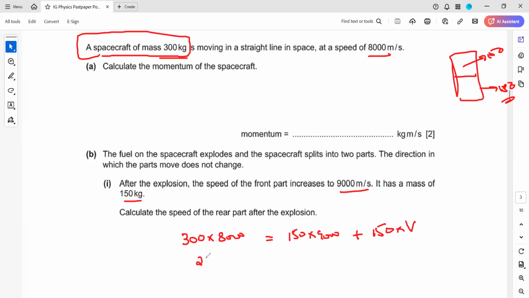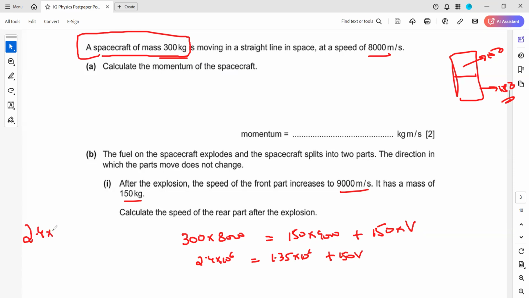So this was 2.4 times 10 power 6. 150 times 9,000 is 1.35 multiplied by 10 power 6, plus 150 V. The 150 V will move to the other side and be subtracted.